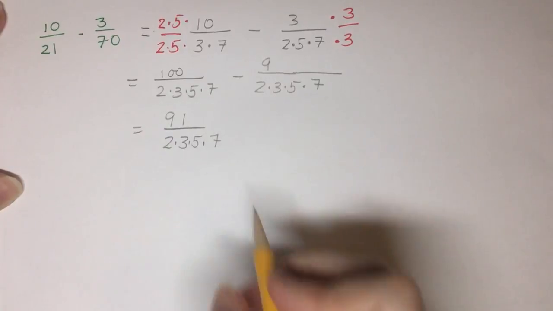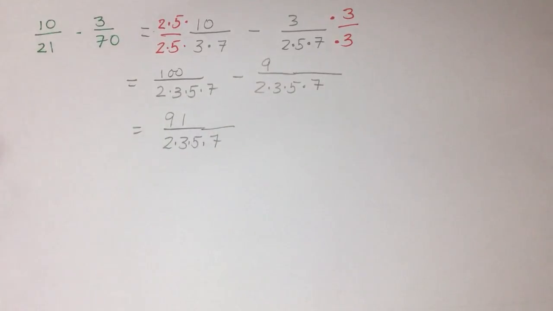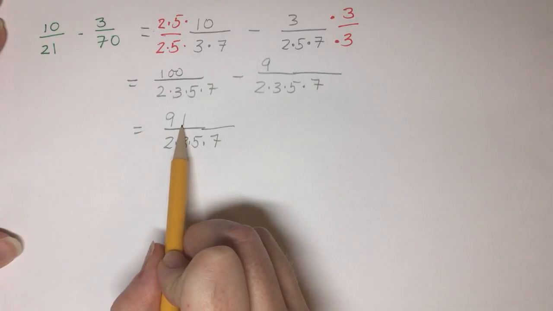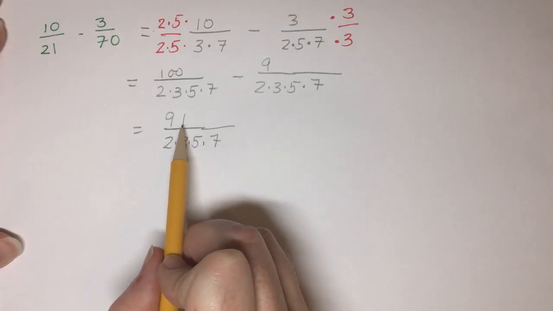2, 3, 5, 7. Now, the question is, can this be reduced? Well, a fraction can be reduced if there's a common factor between the numerator and denominator. This is again another one of those places where the prime factorization is extremely useful. Does 2 divide into 91? No, 91 is odd.